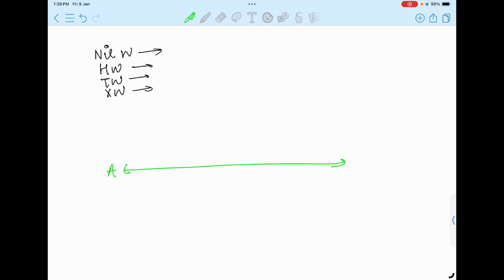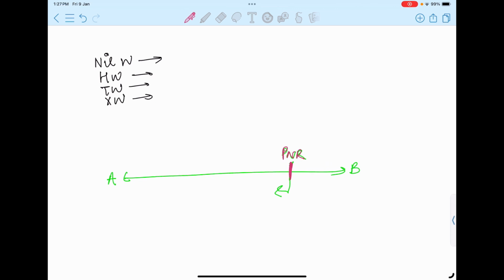Point A, which is your departure, point B, which is your destination. Here lies your PNR, which is the maximum distance you can fly out and return to base safely without risking your fuel exhaustion or within the safe endurance. This remains to be your PNR in nil winds when it is still air.